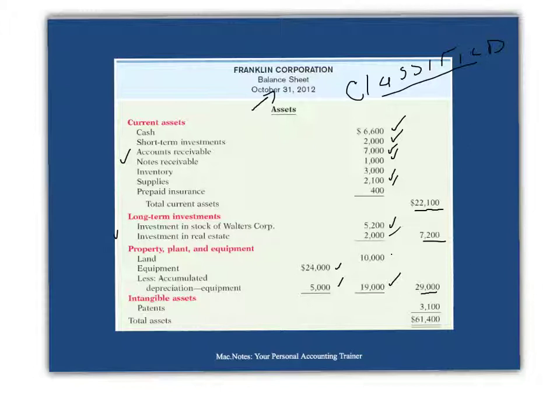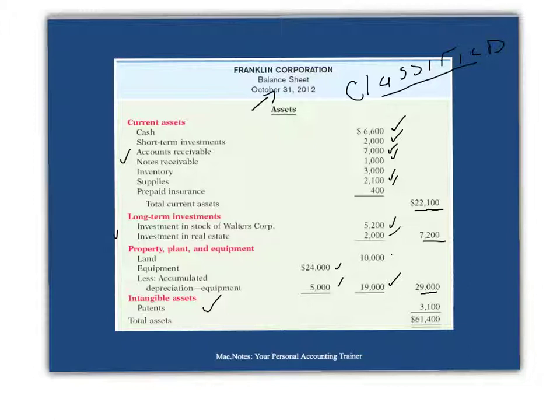Then we have intangible assets like a patent or a trademark. The Nike trademark, for example, which is a check mark. They are worth money too, but they don't have any physical substance. They're called intangible assets, so we list them separately. So this is the more complicated part of a classified balance sheet, is the assets.